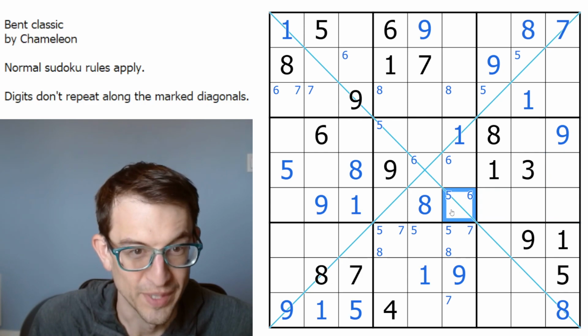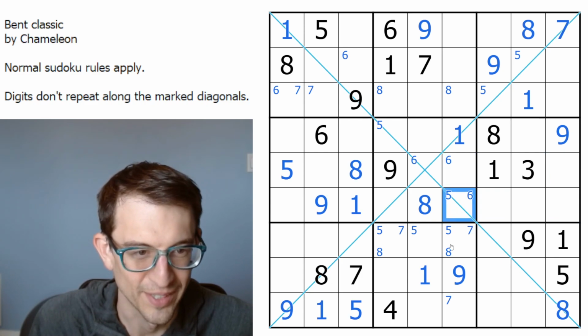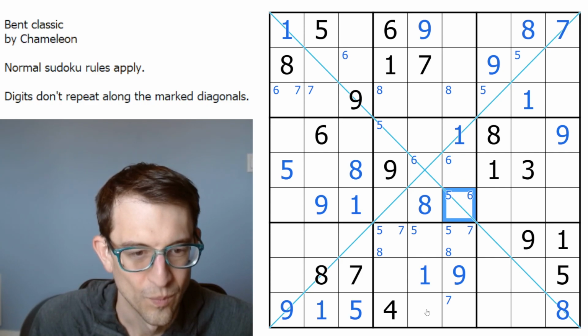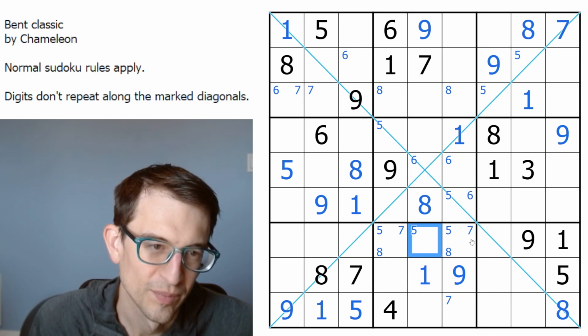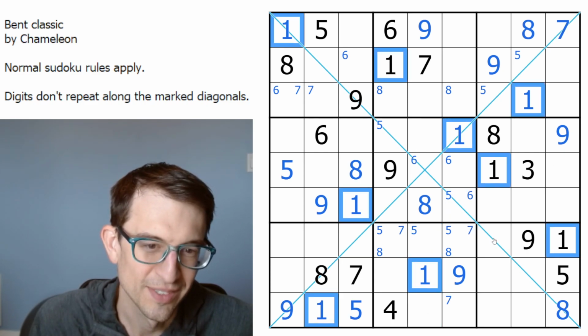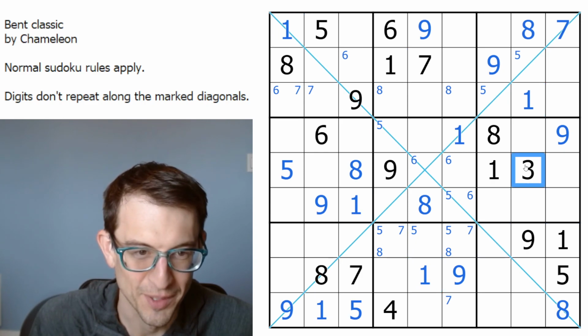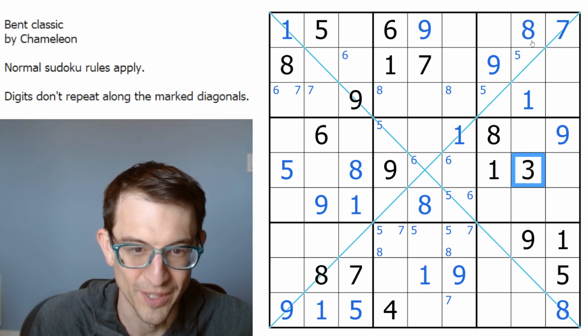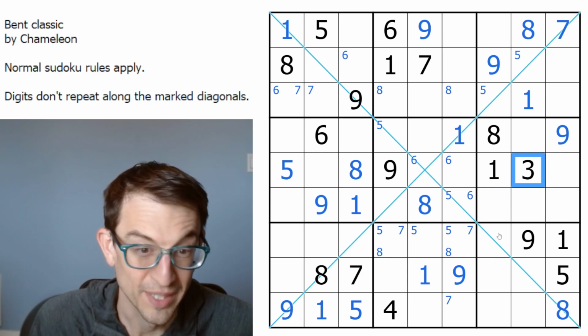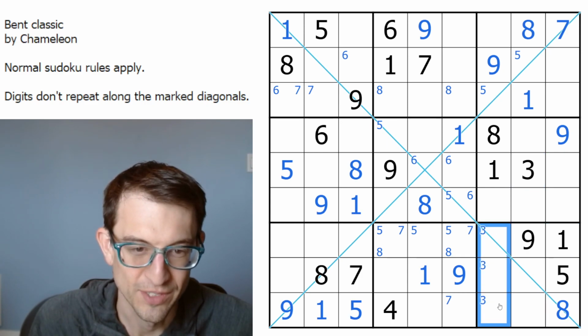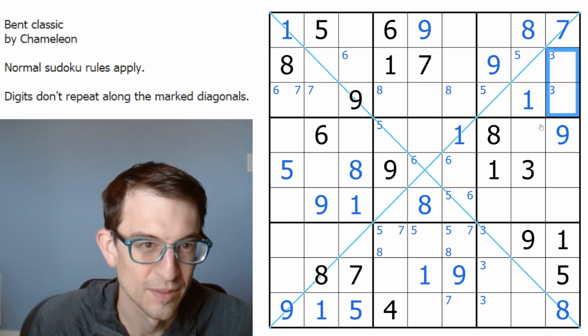Can I eliminate 6 from here? Probably not. I don't know why I'm going to be able to do there. Okay. Let's see. 1s, 2s. I need 2s. I can't do anything with 2s. How about 3s? Only the 1, 3. Because that's full, 3 has to go in one of those, so it's one of these.